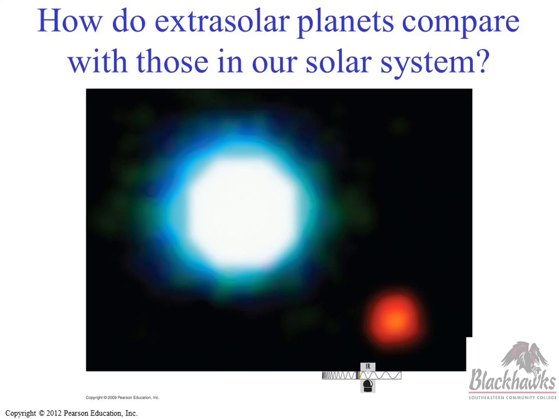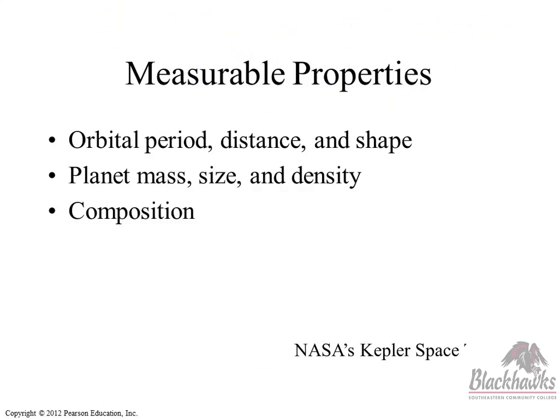But is that true, or is it just easier to see the gaseous ones than the terrestrial ones? Down there is the Kepler Space Telescope. We talked about telescopes that orbit the Earth, and that's one of them. It was designed just to look for planets, and it's been doing a darn good job of it.